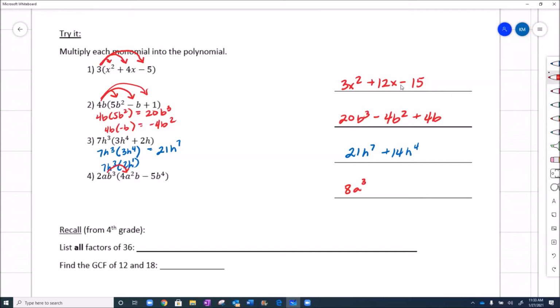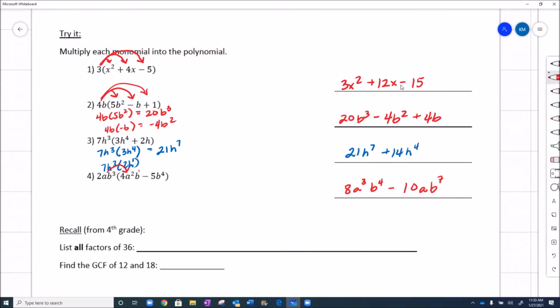B to the 3rd times b gives us b to the 4th. Minus 2 times 5 is 10. A, there's no a over here, so it just stays a. B to the 3rd, b to the 4th, b to the 7th. All right, and that's just distributing.